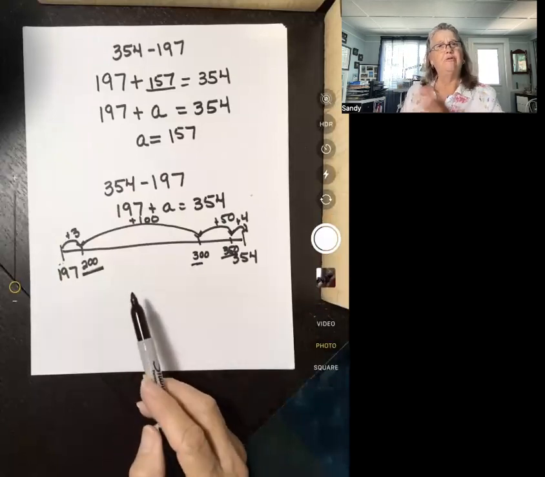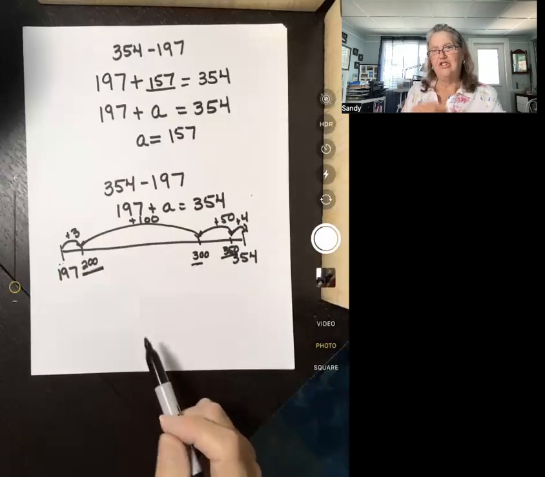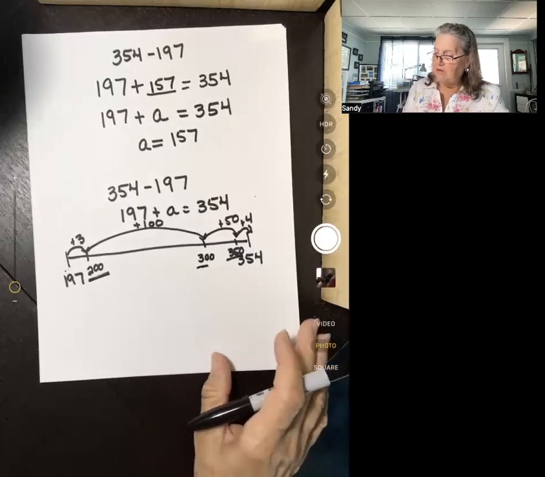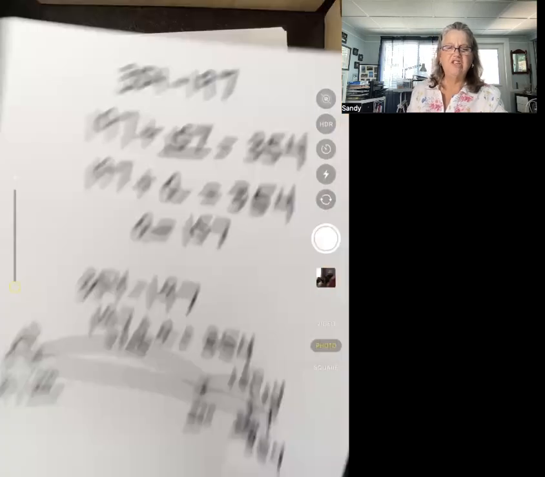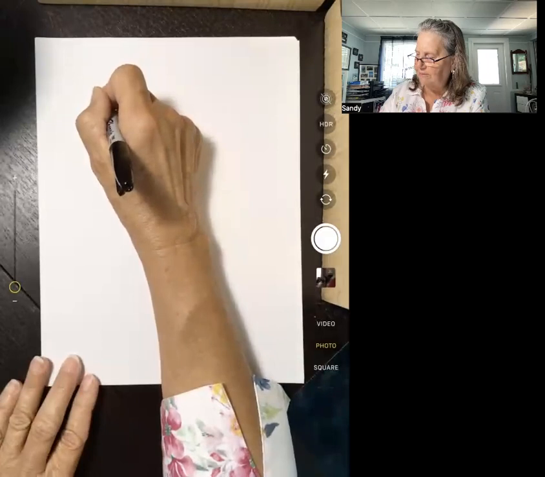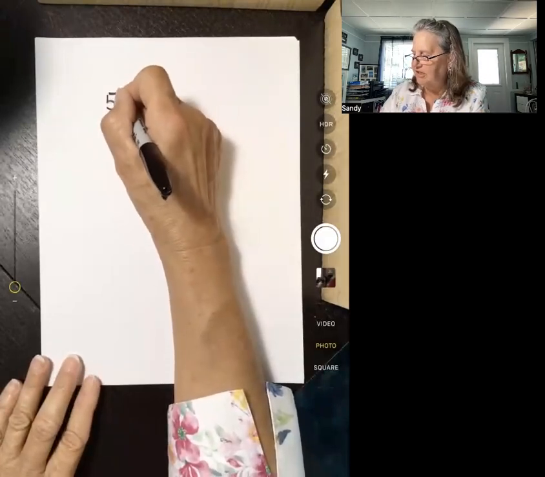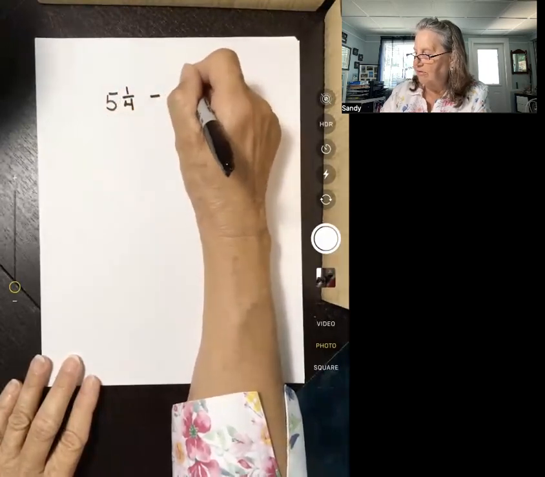I don't need to go to 4-digit or 5-digit numbers. I can still challenge your child by keeping it here. Now, some of you I know are thinking, yes, but they can get the answer to these other problems. I just want to real quickly show you a couple of ones that they'll see in grade 4. Think about, oh goodness, I'm going to do 5 1/4, remove 3 3/4.